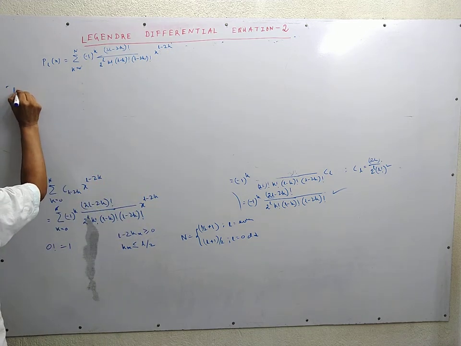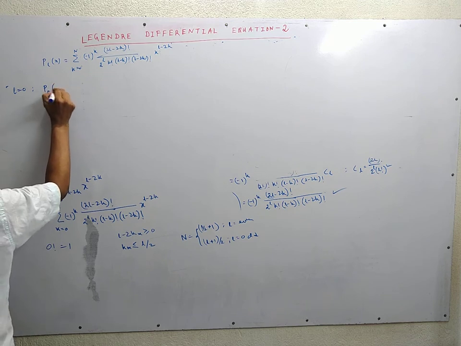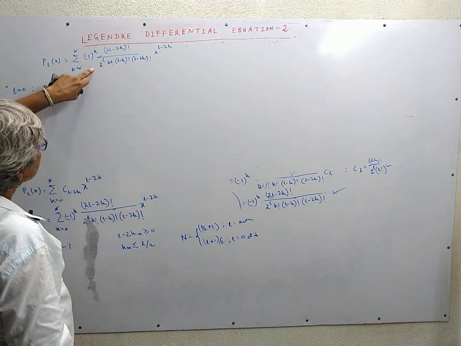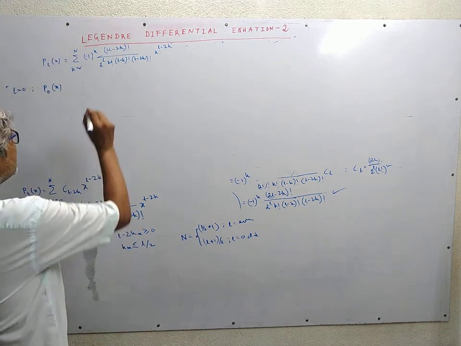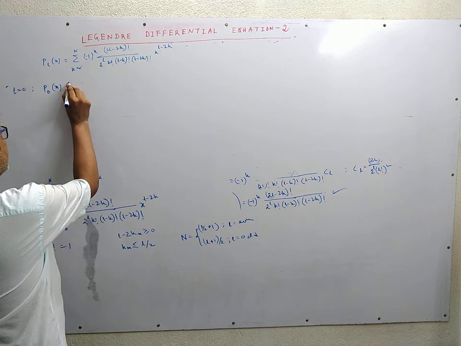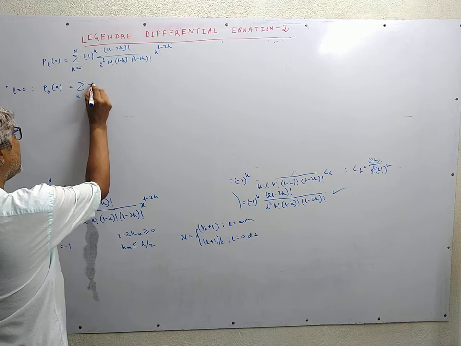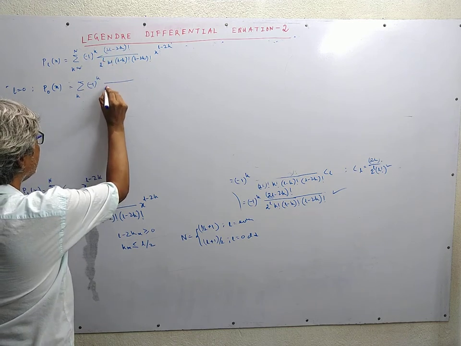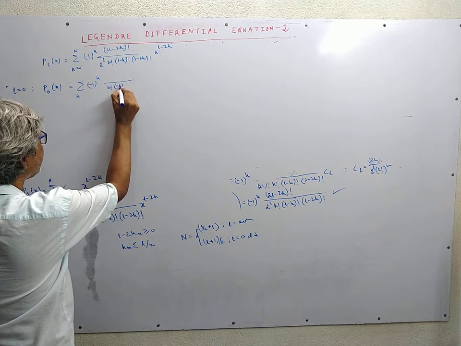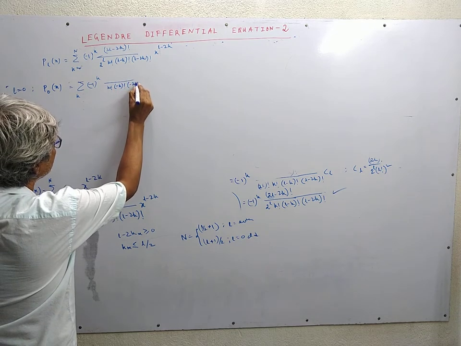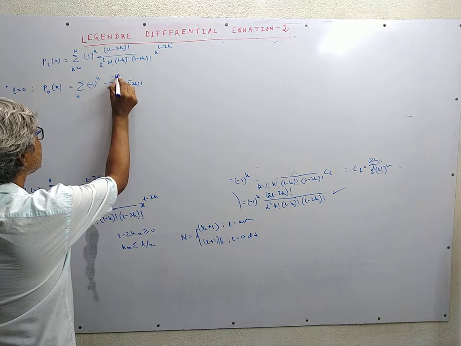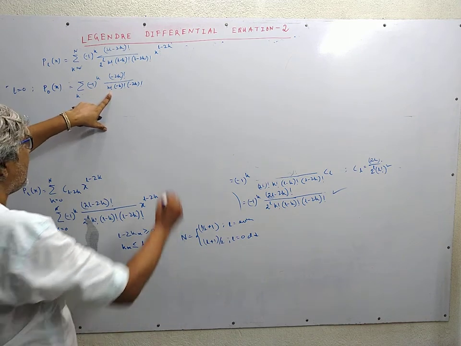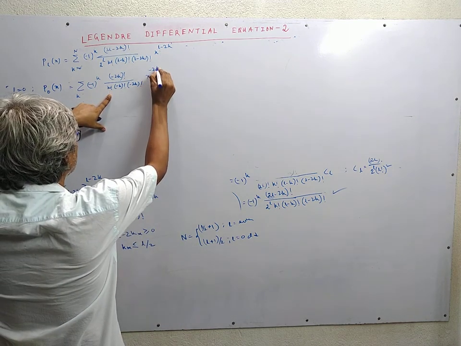Now first L is equal to 0, so we get P0 of x. 2 to the power 0 is 1, so we see that only k equal to 0 is allowed, and we have x to the power minus 2k.